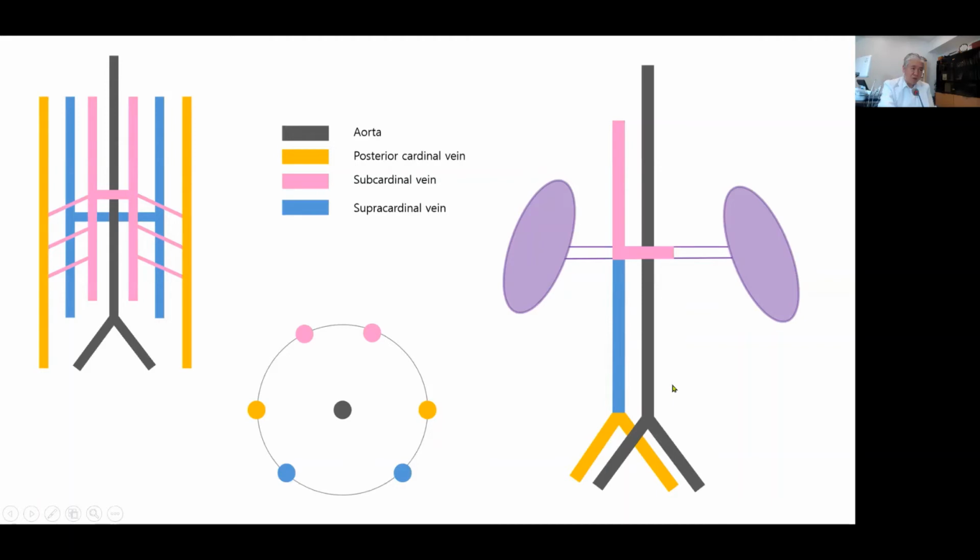Normally, the suprarenal inferior vena cava is formed from the subcardinal vein, while the infrarenal inferior vena cava is from the right supracardinal vein, and the left renal vein is formed from the intersubcardinal anastomosis.